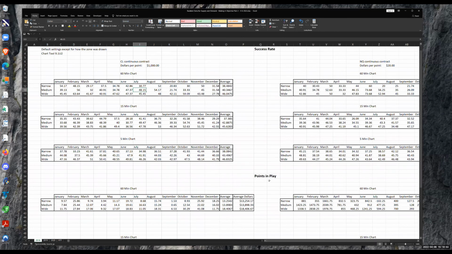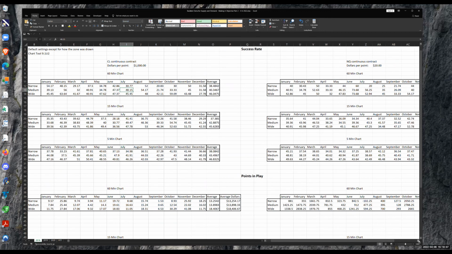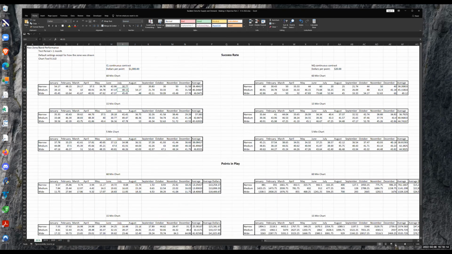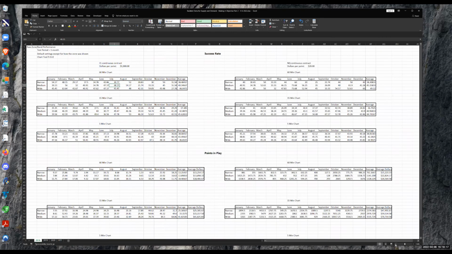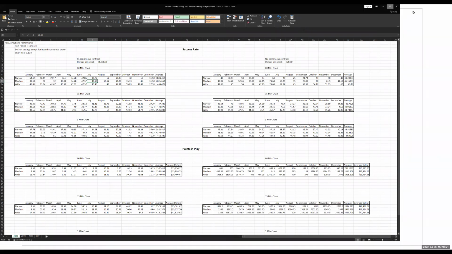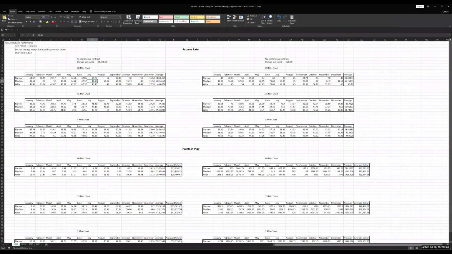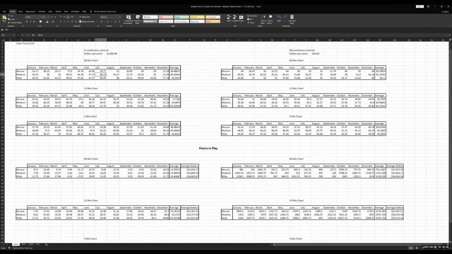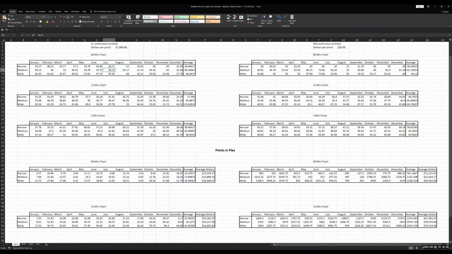So now let's go look at the points in play. Let's try to fit everything here. Okay, can everybody read that okay? Is that too small, or is that going to be okay?